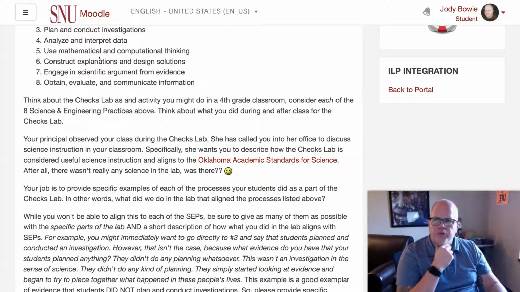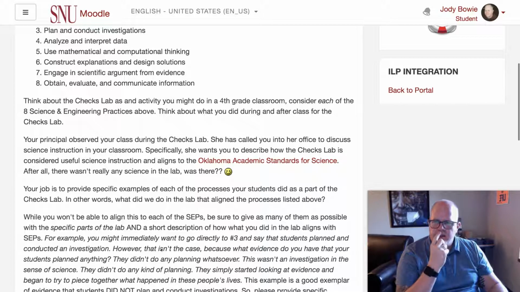What did you do in the CHEX lab that would align to these things? So I gave you an example right here, and I gave you an example of something that didn't align. So I shouldn't see number 3 in anyone's stuff unless you can justify this some other way.